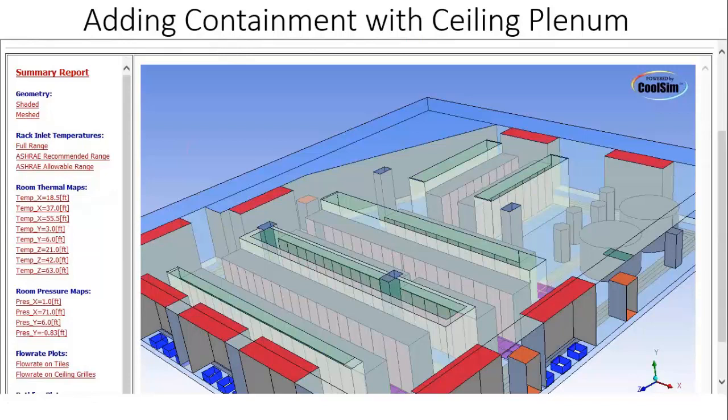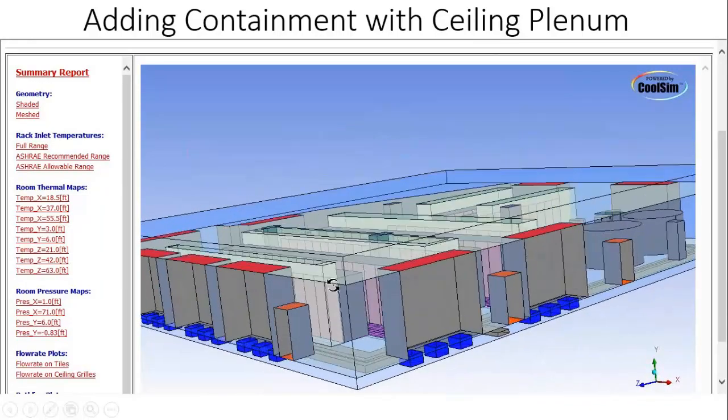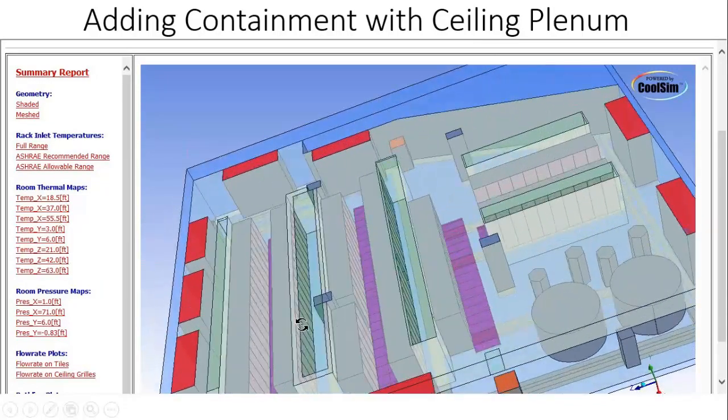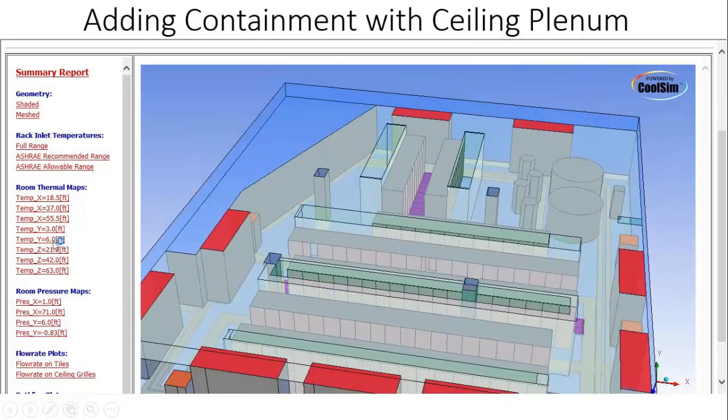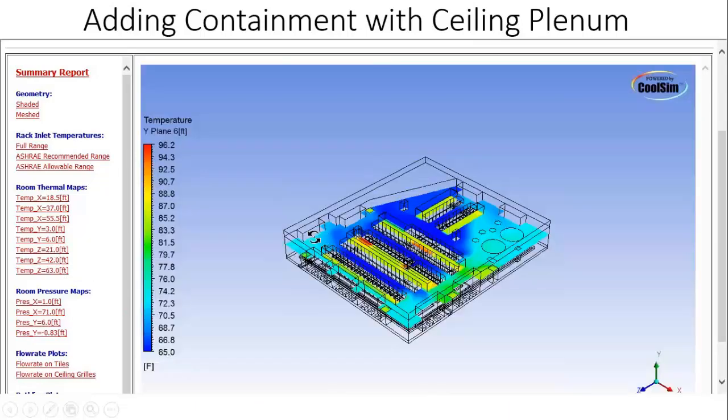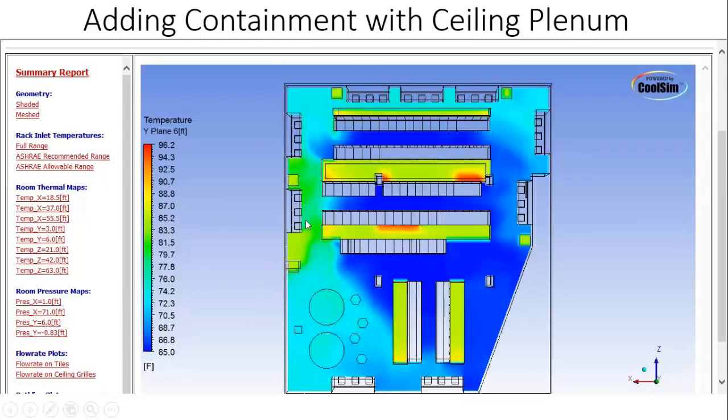So this is a representation of the same data center with hot aisle. Now, the reason I chose hot aisle in this case is because I prefer to use hot aisle wherever possible. And the reason I prefer that is shown right here, that the room with hot aisle containment remains relatively cool.